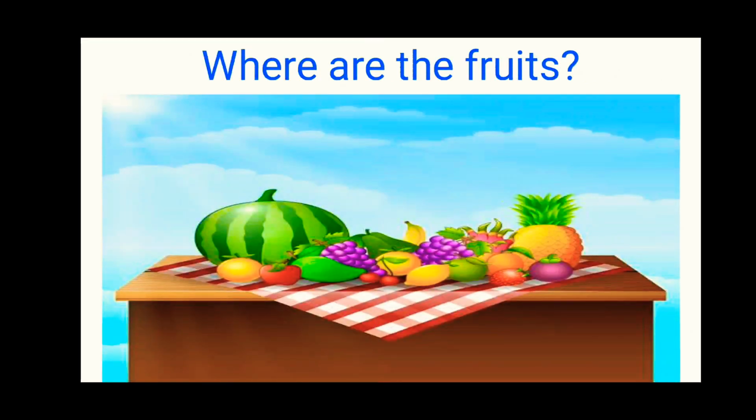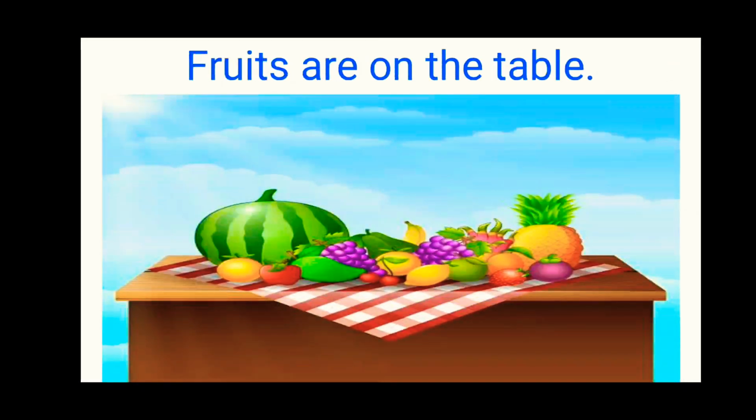Now another preposition. Where are the fruits? Look at this picture. Here are some fruits, and here this is a table. So with respect to this table, can you guess where the fruits are placed? Fruits are on the table. So here on is the preposition.